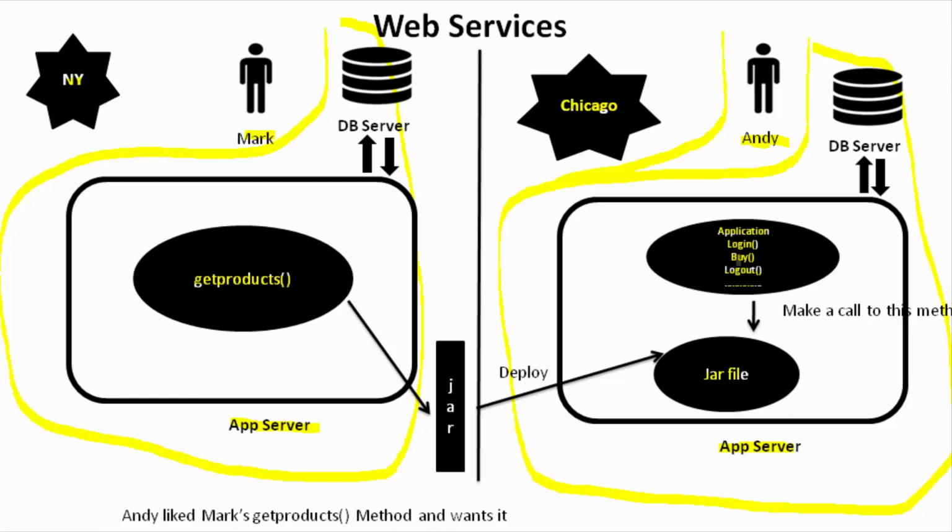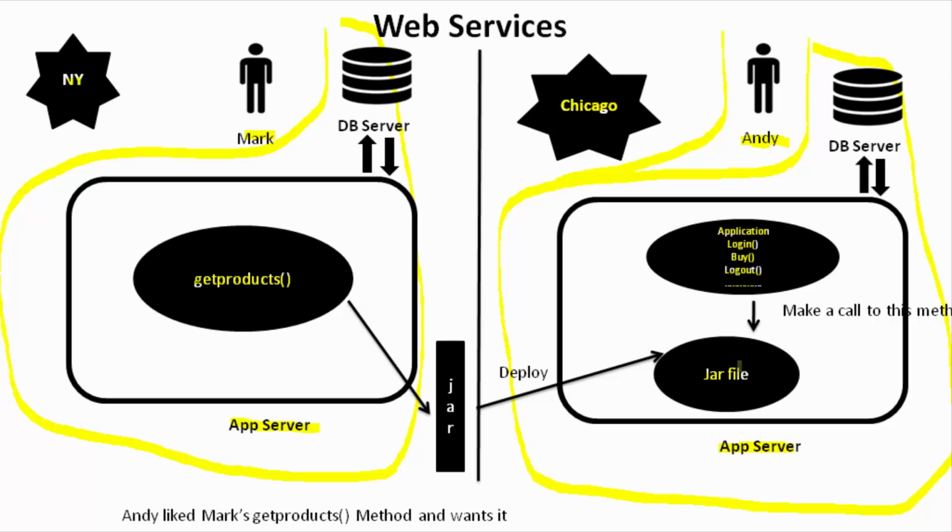Because in his application there is no piece of code or method called get products, if the application has to get the products, it will make a call to this get products method, which is there in the jar file.